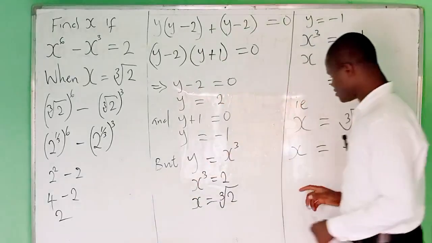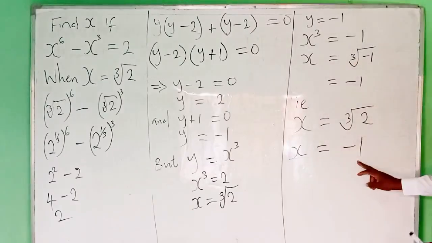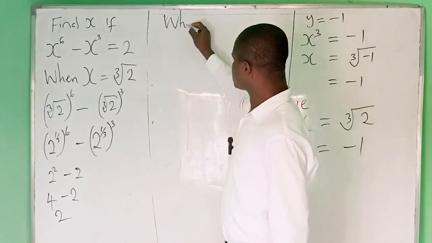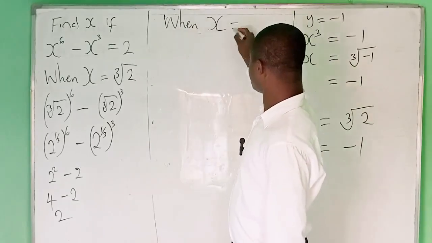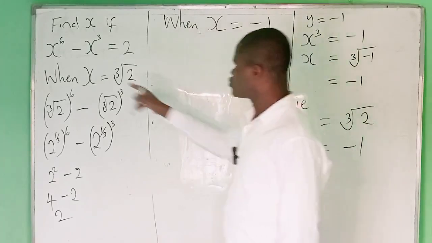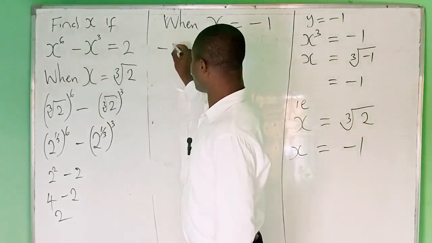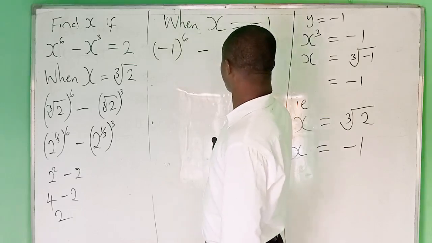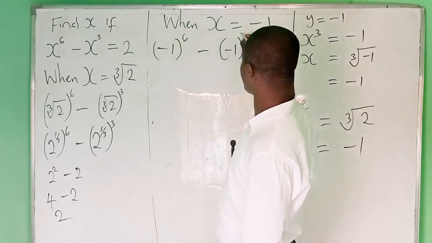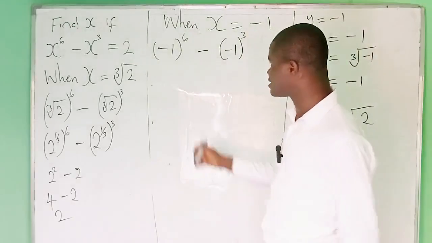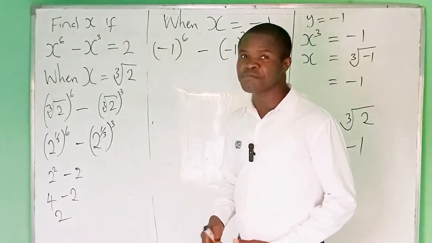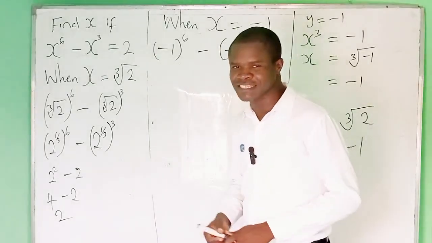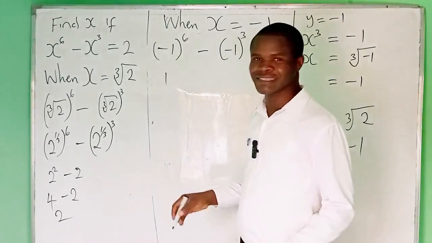So let's verify the last one, x is equal to minus 1. When x is equal to minus 1, let's put minus 1 here: bracket minus 1, all raised to power 6, minus bracket minus 1, all raised to power 3. Minus 1 raised to power 6 means minus 1 multiplied by itself 6 times, and that will give us 1.